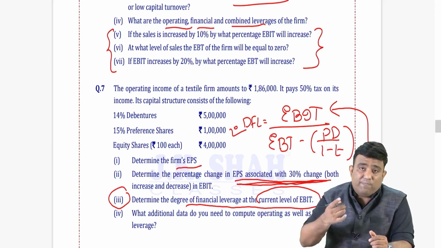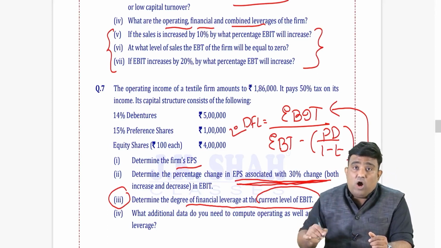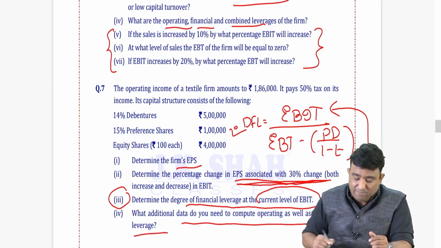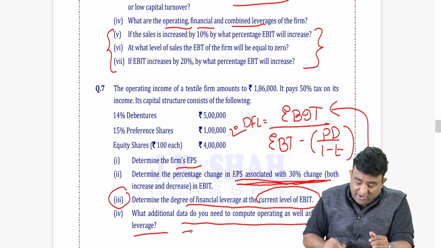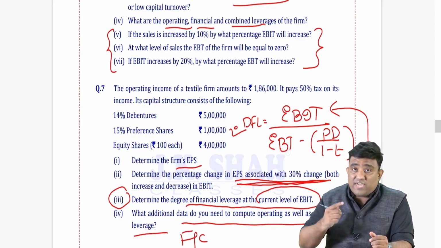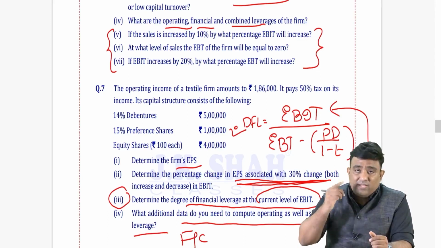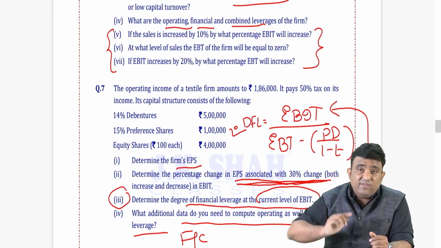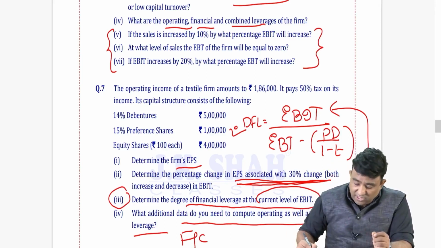Again, you can apply the financial leverage concept or a mathematical tabular concept. Thereafter, what additional data do you need to calculate operating and combined leverage? The data required is the operating fixed cost. If the operating fixed cost is available, you can calculate contribution, and then operating leverage and combined leverage are easy for you. Fair enough? This is the theoretical part.